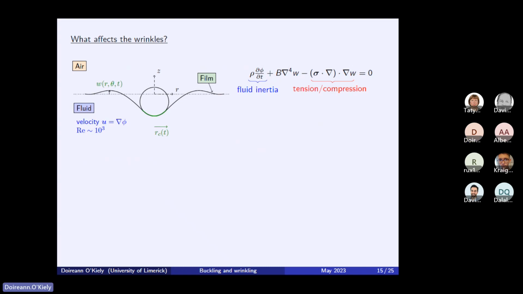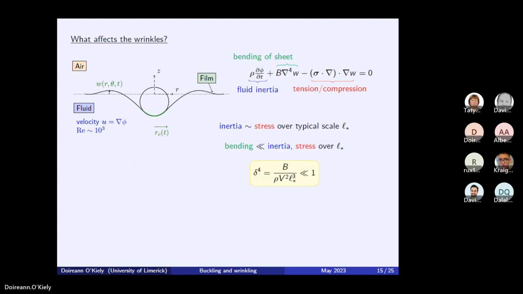Conceptually, if you want to move fluid on a very short time scale, you have to accelerate it. If you then ask, how big a wrinkle can I make? That's basically limited by how quickly you can move fluid. So the length scale of the wrinkles is the length scale over which you have a balance between the stresses in the sheet that are trying to drive buckling and the inertia of the fluid underneath that says, hang on a minute, I was over here and now you want me to be over there.